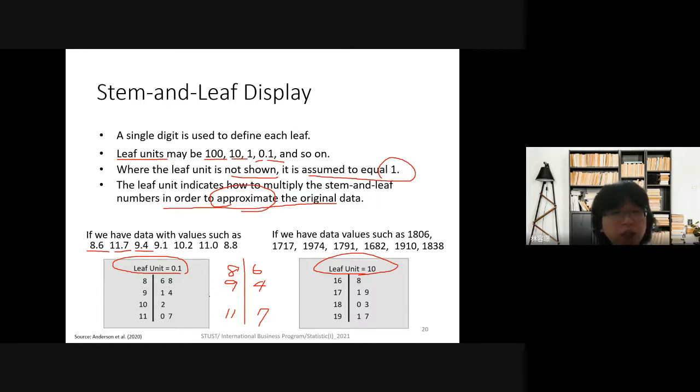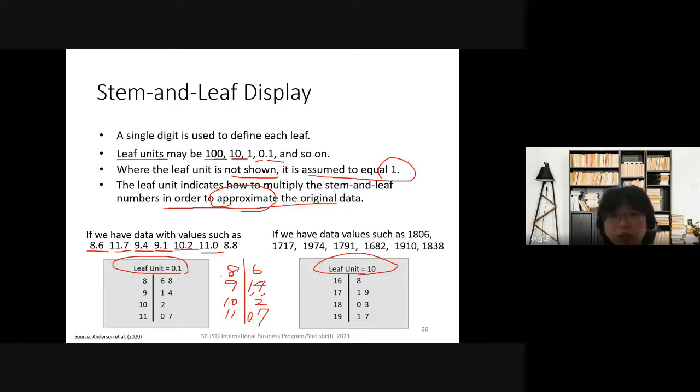The 1 is written here because I need to follow the rank order. The next one is 10.2, so it will be 10, 2, and 11.0. 11 is already here, and 0 is written in rank order.